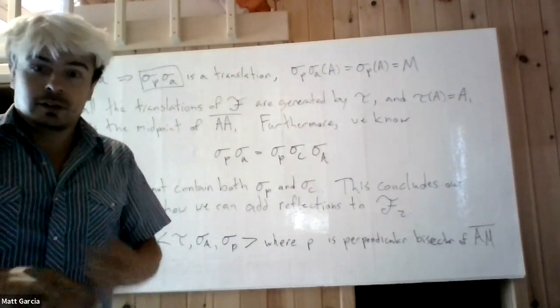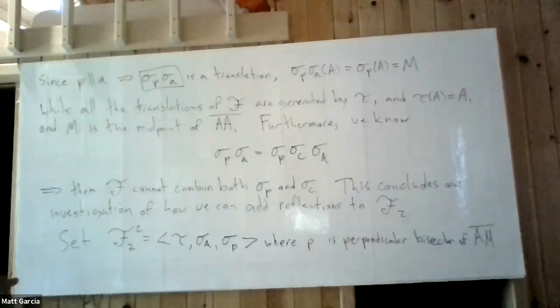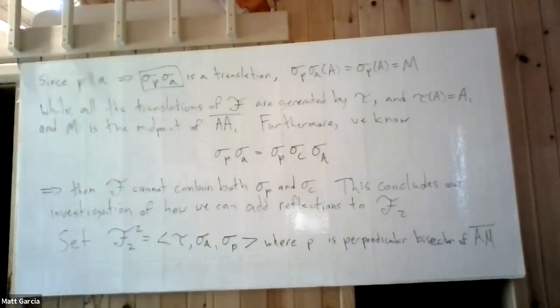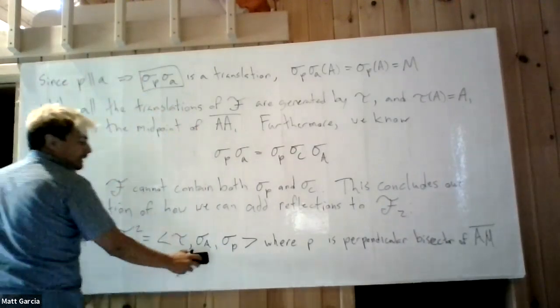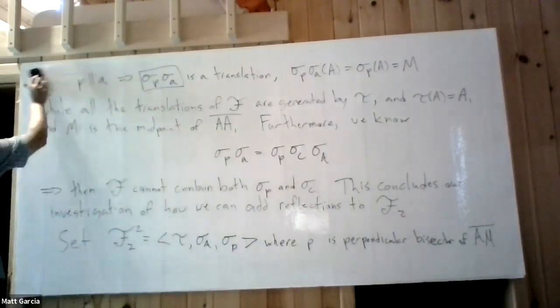Right? This was back when we developed all the properties of glide reflections. We proved that we could take an arbitrary glide reflection and factor it in either of those ways. Okay, so that is how we'll get a glide reflection, by combining these. Okay.